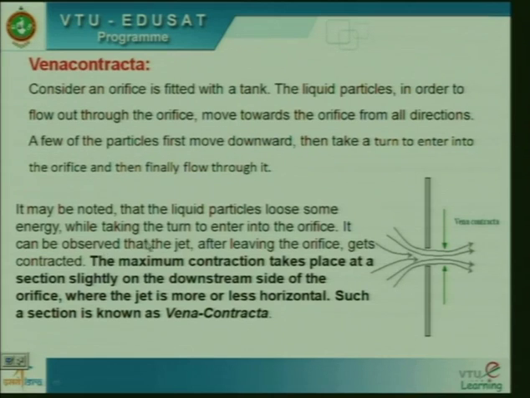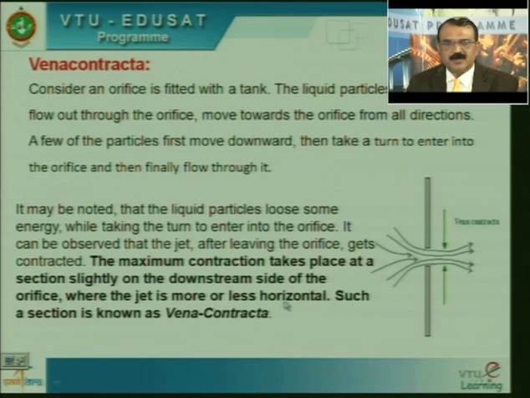Now it can be observed that the jet after leaving the orifice gets contracted. That's what I mentioned here. This is the point where the jet gets contracted. The maximum contraction takes place at a section slightly on the downstream side of the orifice. It is not exactly at this point. It happens slightly downstream of the orifice, where the jet is more or less horizontal.